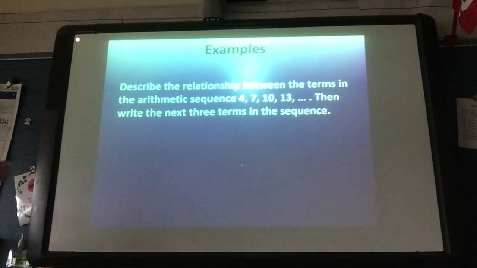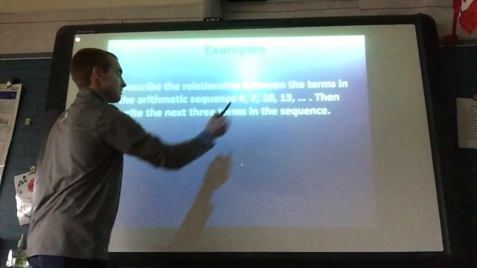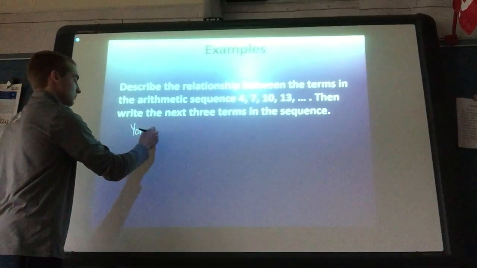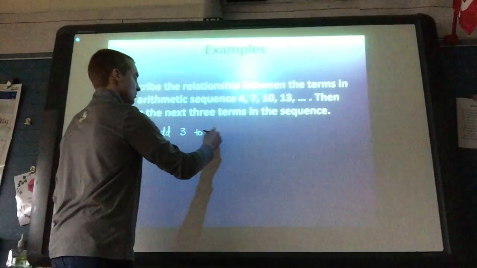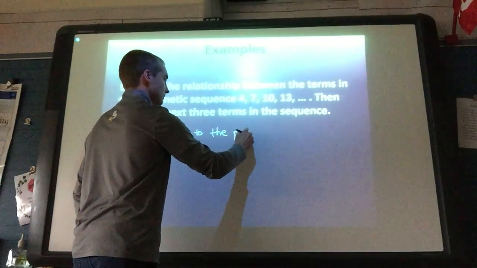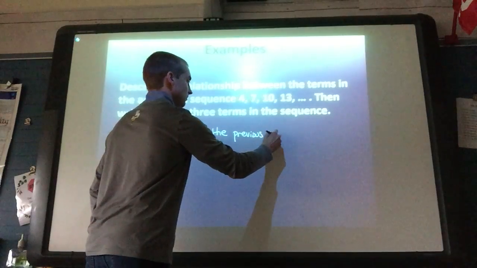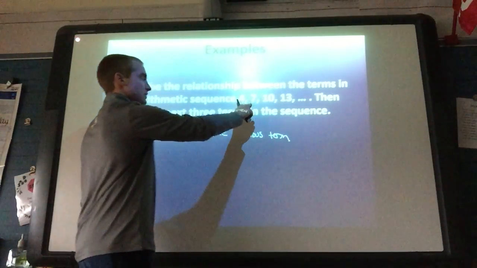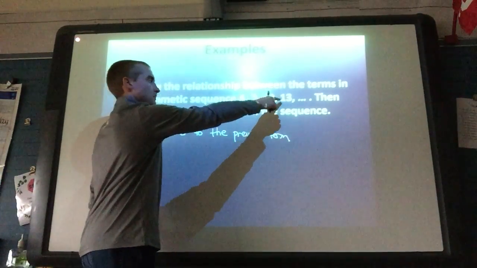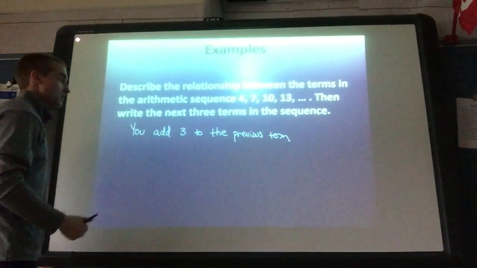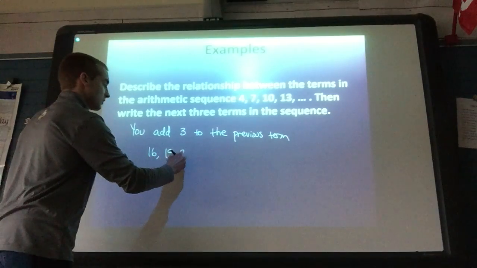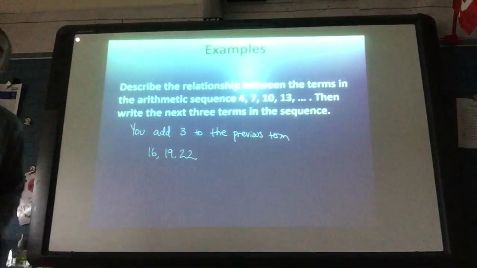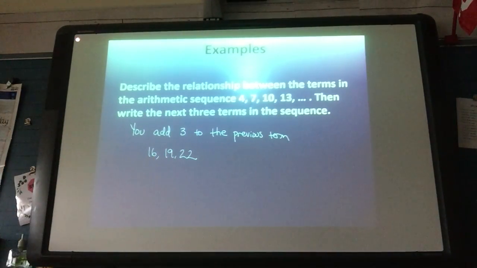So the relationship is you add 3 to the previous term. 4 plus 3 is 7, 7 plus 3 is 10, 10 plus 3 is 13. And then the next 3 terms will be 13 plus 3 would be 16, 19, and 22. Okay, so that's just using a sequence, adding a certain amount to each previous term.